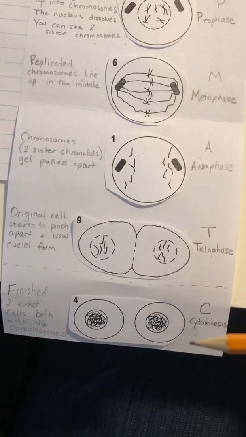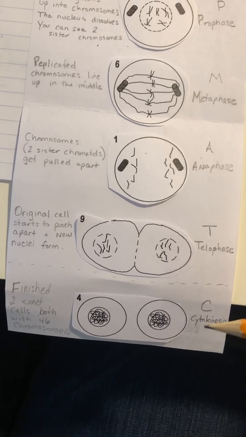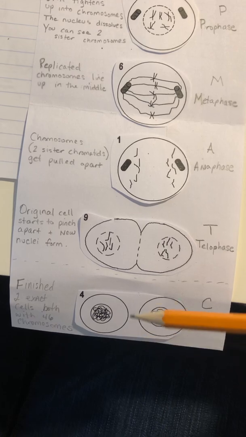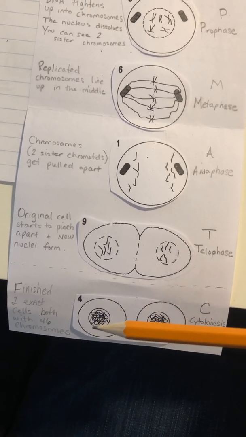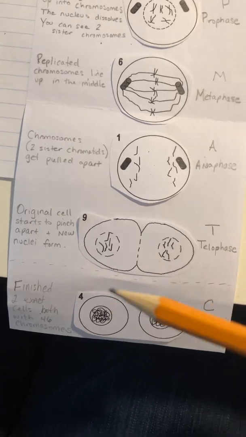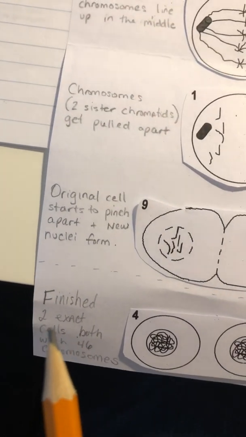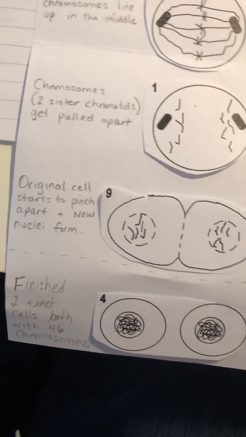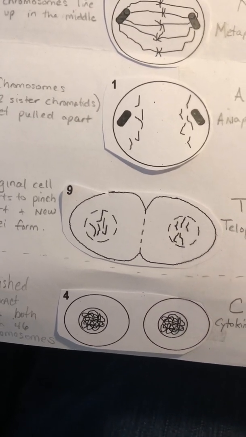And the last step is cytokinesis. Cyte means cell and kinese means moving apart. So you'll see the division is finalized. The nuclei are all back and formed, and the DNA becomes loose chromatin again. So this says finished, 2 exact cells, both with 46 chromosomes. So these 2 cells are finished and the division process is done.